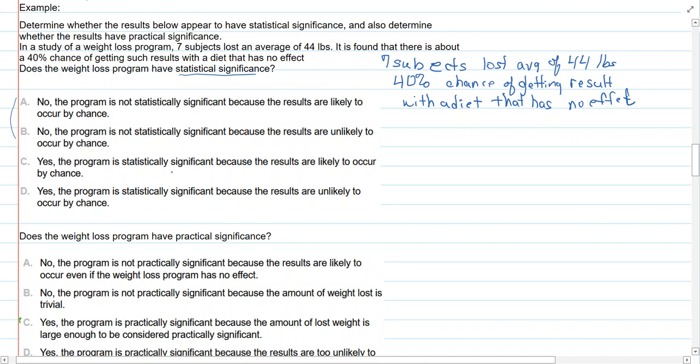Yes, the program is statistically significant because the results are likely to occur by chance. Yes, they can happen by chance. But remember what the information says, by 5% chance, not likely to happen. So that one's wrong.